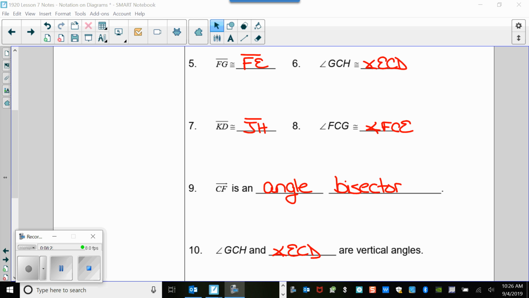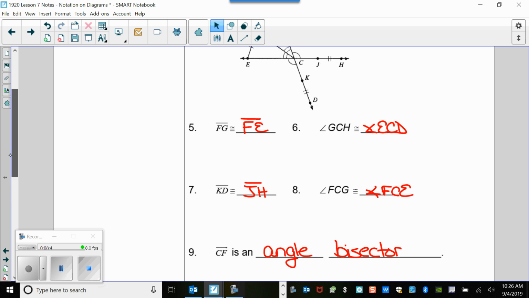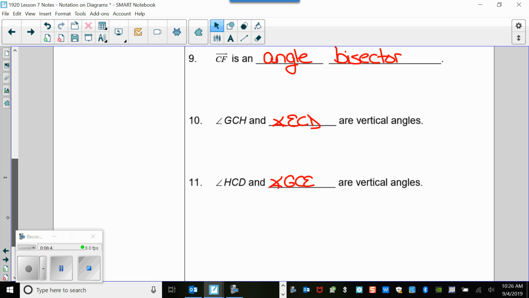This picks up a little bit from middle school, but angle GCH and ECD are vertical angles, and angle HCD and angle GCE are vertical angles. Where's my slider not working well?